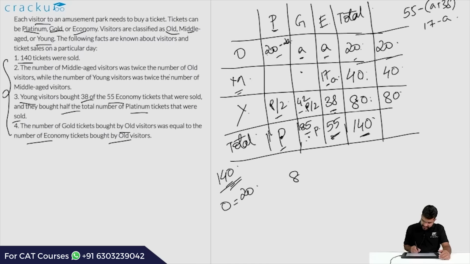This will be 85 minus P, which is the total number of gold tickets sold, minus A, which is the number of gold tickets bought by old people, minus (42 minus P by 2), which is the number of gold tickets bought by young people. If you simplify this, it will be 43 minus A minus P by 2.